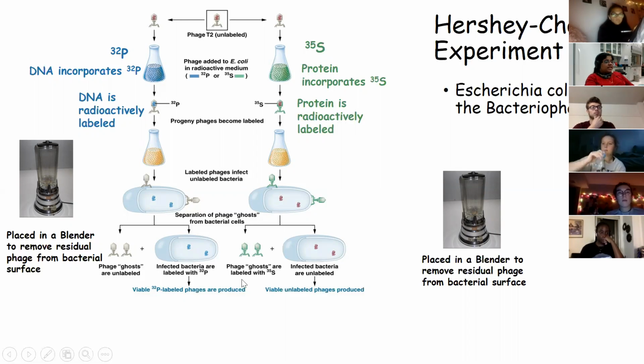So that's how they confirmed that DNA was the transforming factor, or what is being passed down as the genetic material. Does that make sense? Where did I lose you guys?